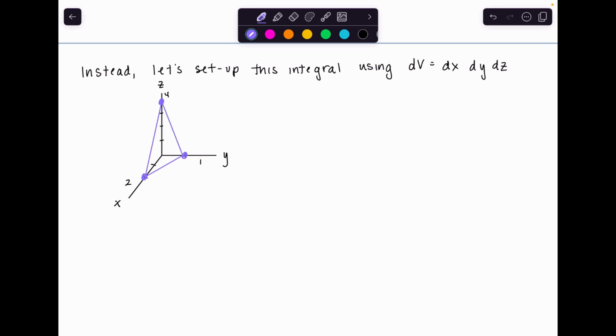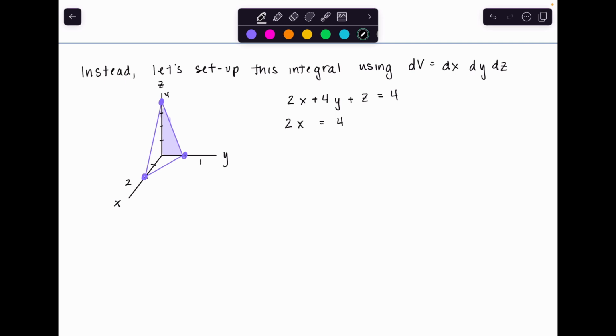Okay. So in this case, I'm going to start with my x bounds, because here you're going to have freedom for y and z, which is this triangle back here. And you're always going to start at that edge, which is in the YZ plane, and you're going to go out to the plane itself. So I need to solve this equation of the plane for x.